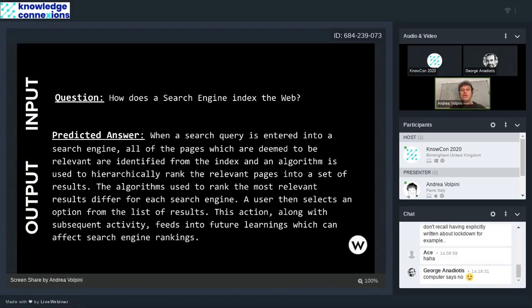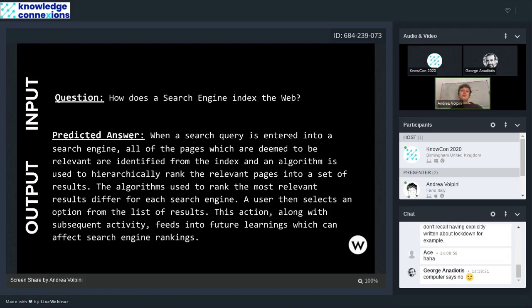So when a user enters a query, a search engine will present results that are coming out of an index that has already hierarchically organized the pages into a set of results. Then the ranking algorithm will present the results to the user, and the user will select an option from this list of results.